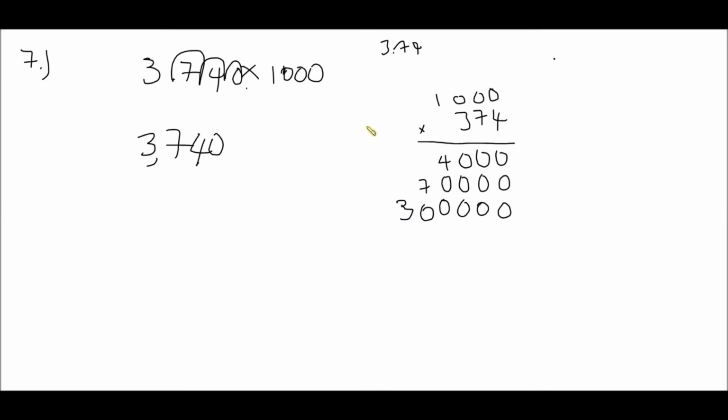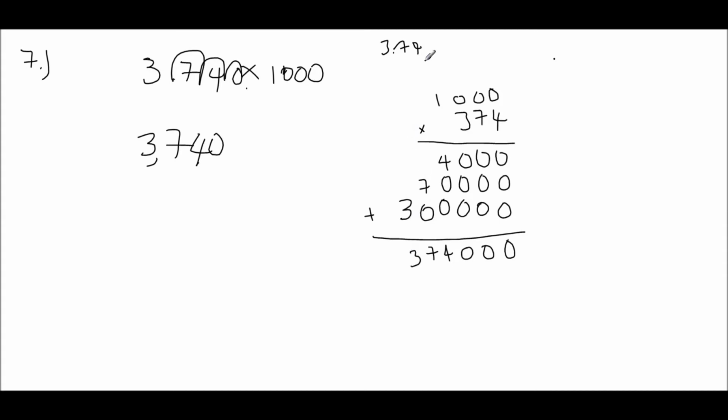Let's add. So we'll have 0 and 0 in this line, 0, 4, 7, and 3.